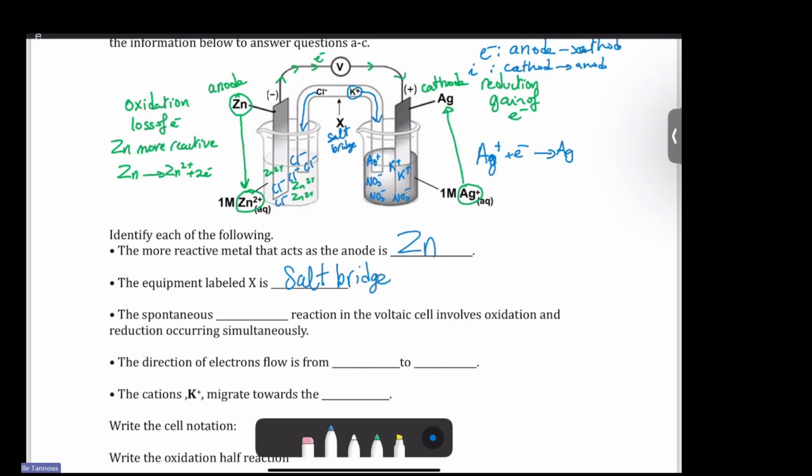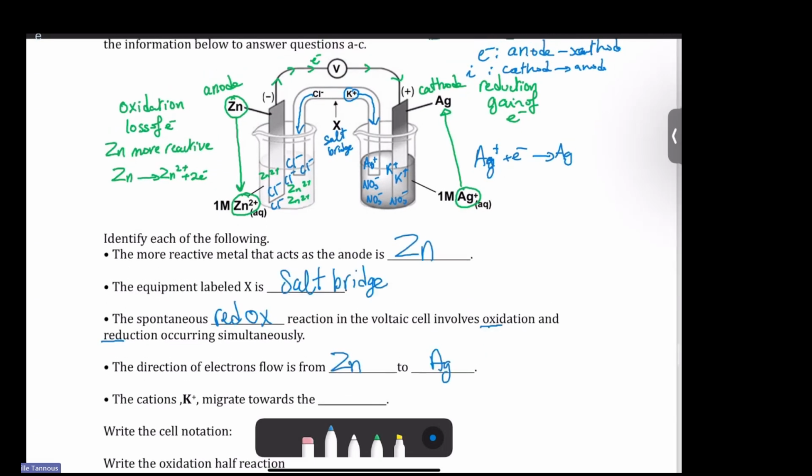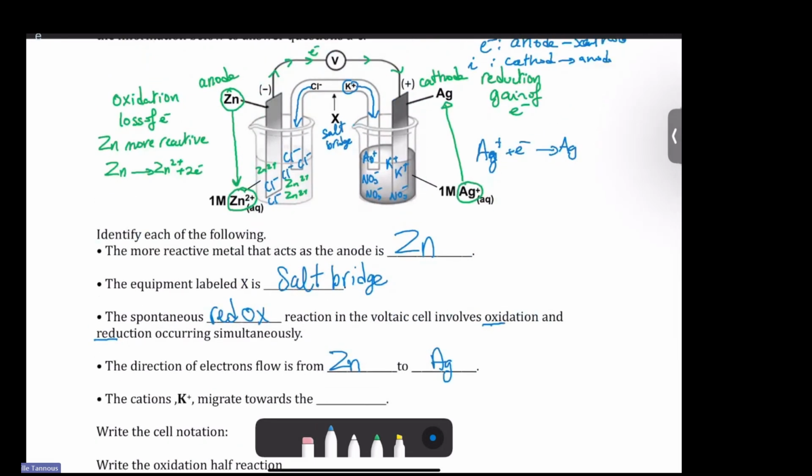The spontaneous reaction in the voltaic cell involves oxidation and reduction, so it's a redox. Electrons flow from anode to cathode. K+ goes toward the cathode.